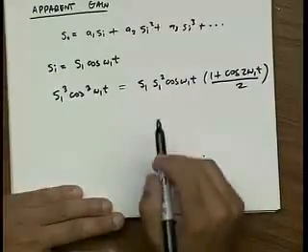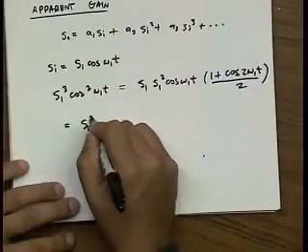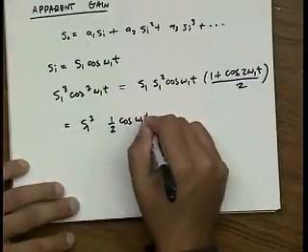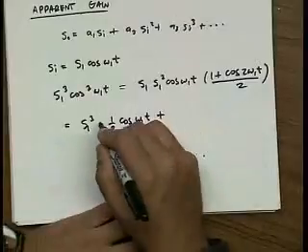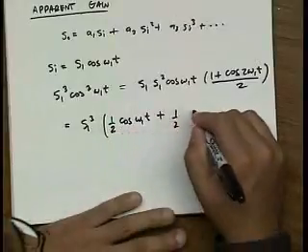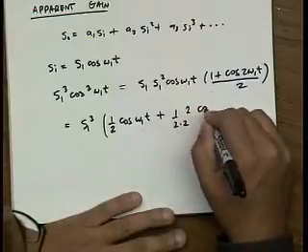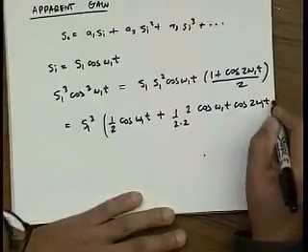And now if I multiply this all out, I get S1 cubed 1/2 cosine omega 1t plus, I can write this as 1/2 divided by 2 multiplied by 2 cosine omega 1t cosine 2 omega 1t.